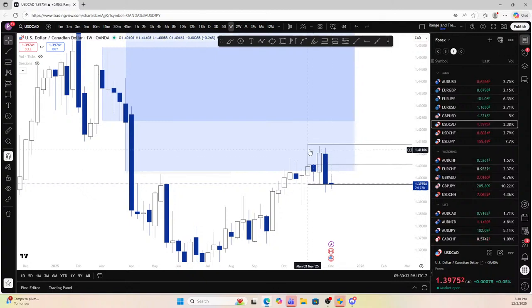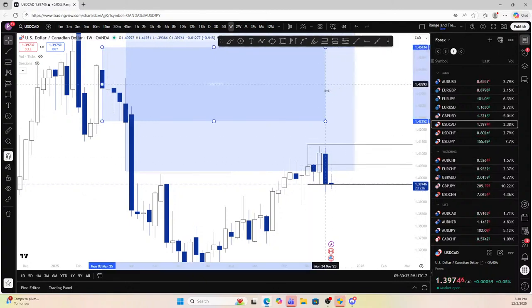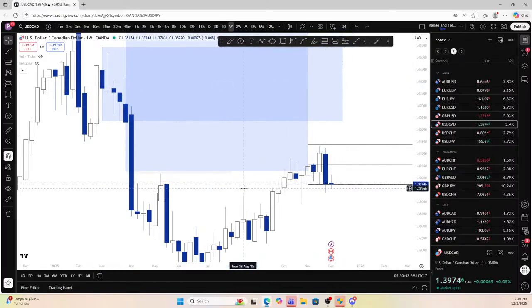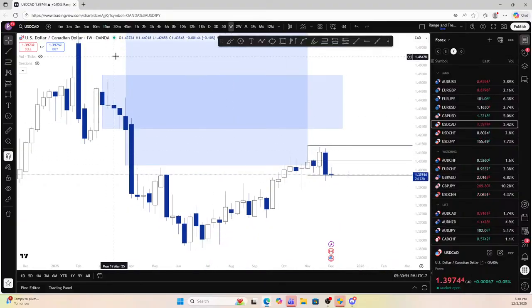Obviously, it gets mitigated over here. So it's no longer valid anymore because it's been tapped into. And you can see there was a nice little reaction coming into it. But it was a technical supply order block.